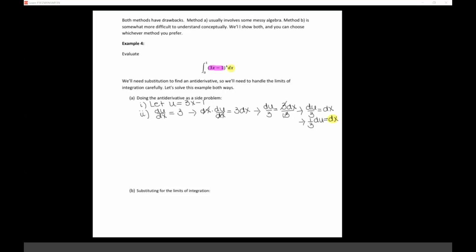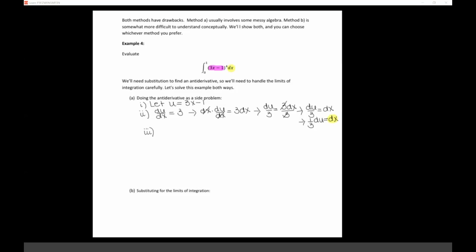So I divide both sides by 3, and I get du over 3 equals dx. And I'm just going to write that du over 3 as 1/3 du, so I have a coefficient to pull through. And all I'm trying to do is to match what's outside this set of parentheses, which is just the dx.